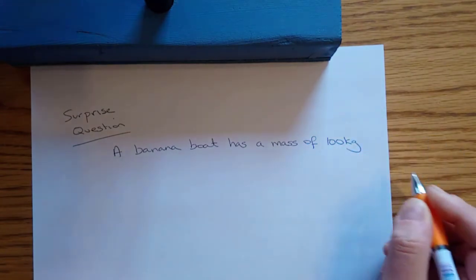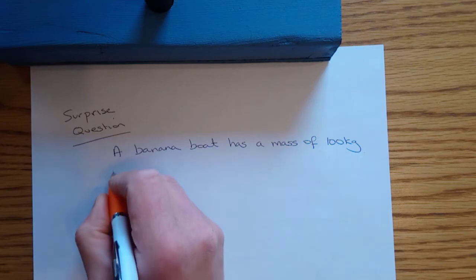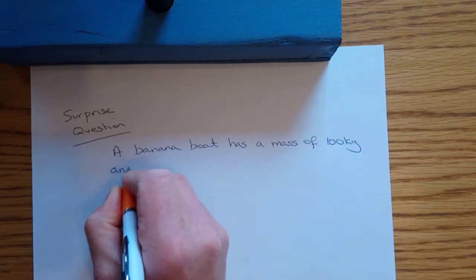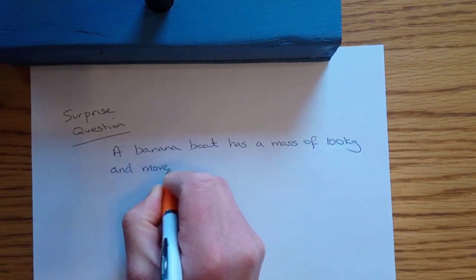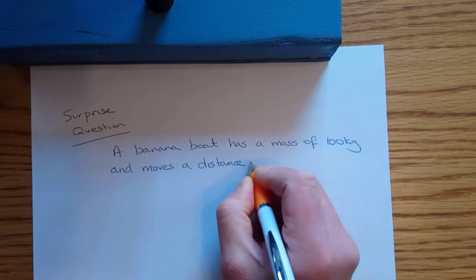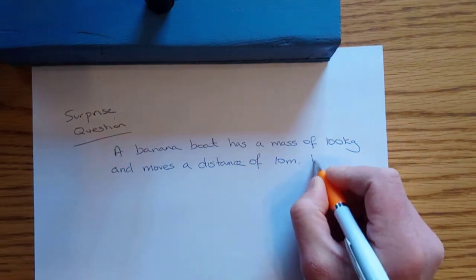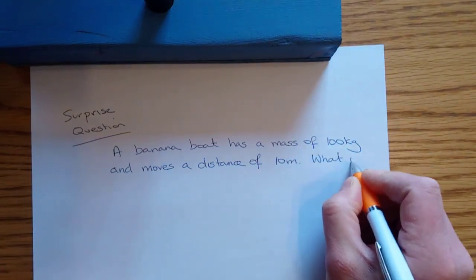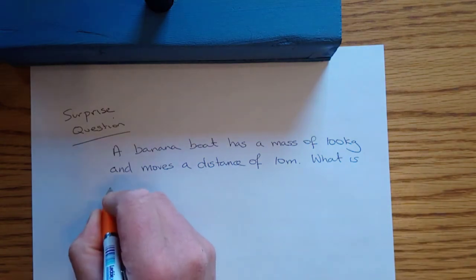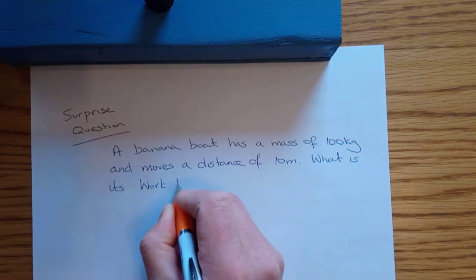We'll just say that. It's probably much more than that if it's fully loaded. And moves a distance of 10 metres. What is its, we'll just say work energy or work done, say work done.